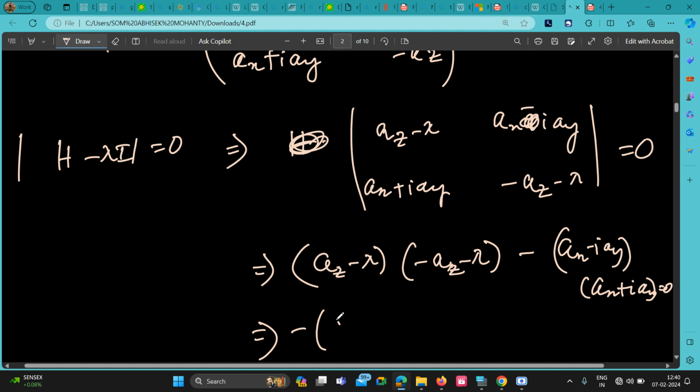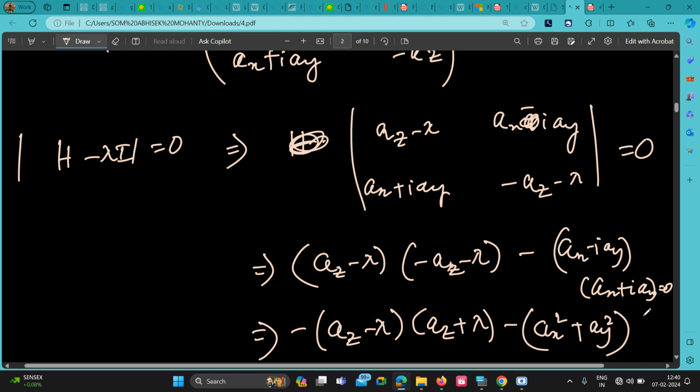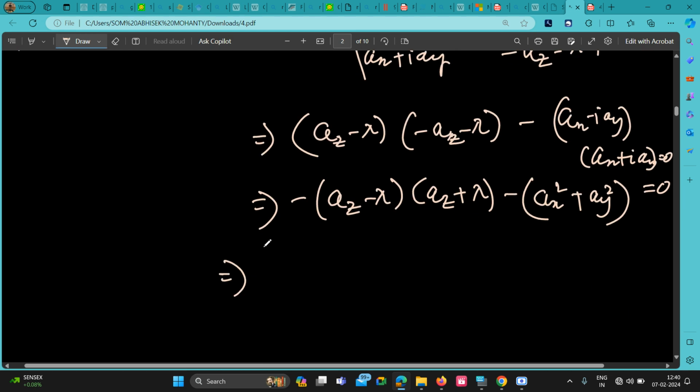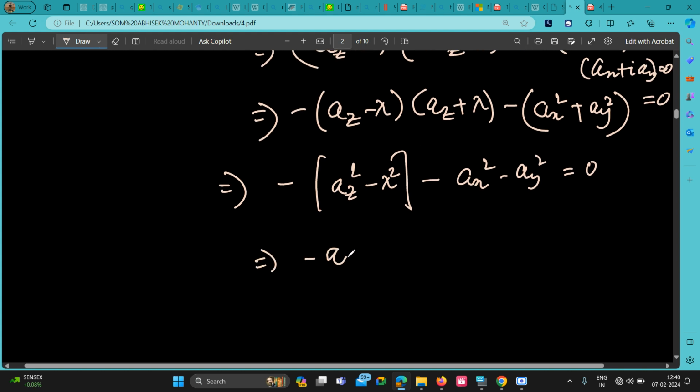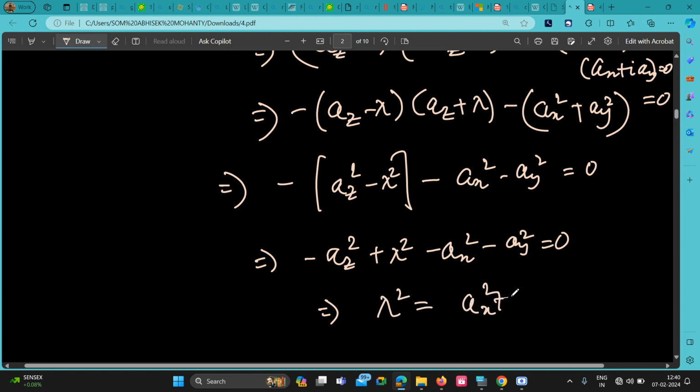This gives minus (Az minus lambda)(Az plus lambda) minus (Ax² plus Ay²) equals 0, so minus Az² plus lambda² minus Ax² minus Ay² equals 0. So lambda² equals everything on the other side: Ax² plus Ay² plus Az².